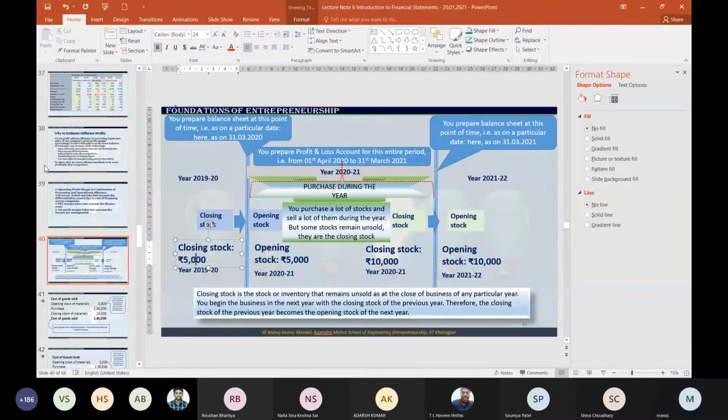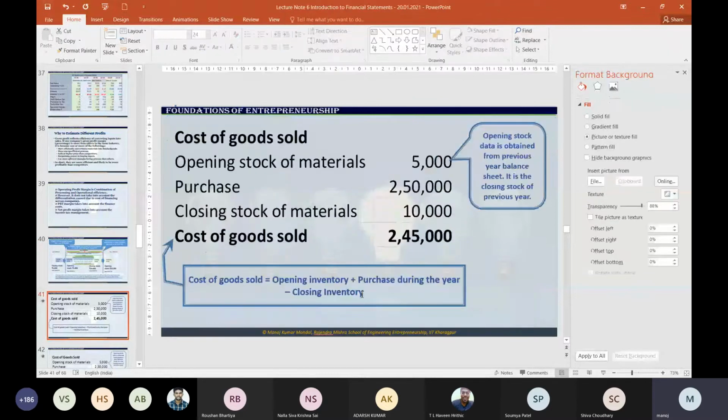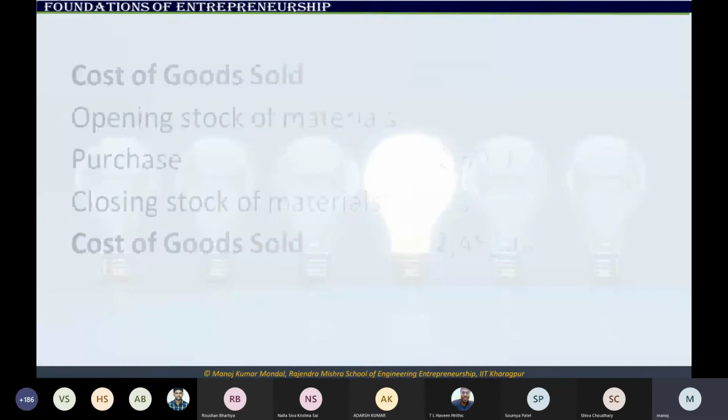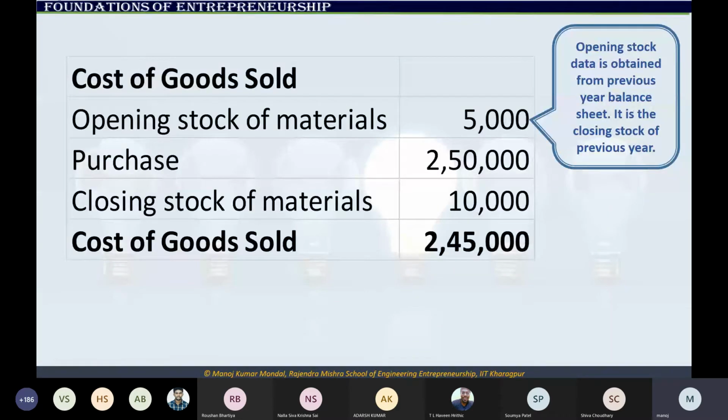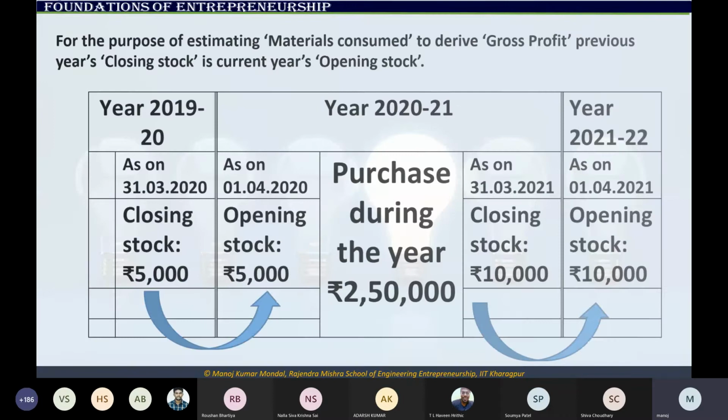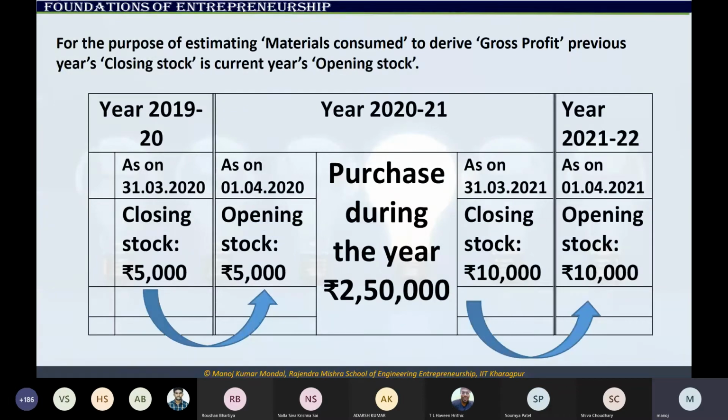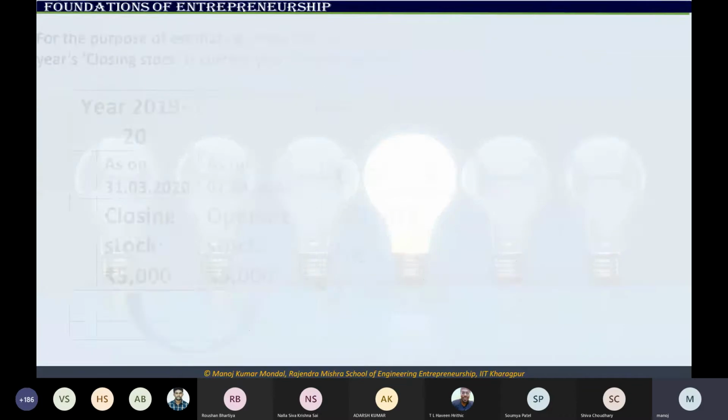And hopefully everything is right. So now you estimate it, and you get the total cost of goods sold as 2,45,000. Now, this is again to demonstrate that the closing stock of the previous year becomes the opening stock of the current year, and the closing stock of the current year becomes the opening stock of the next year, and so on.